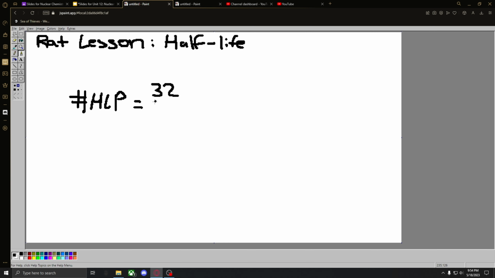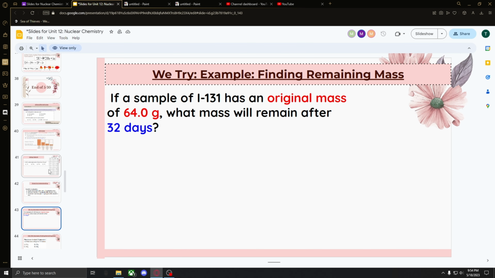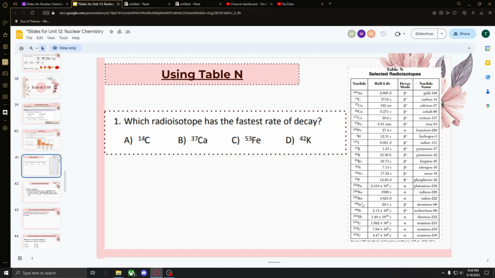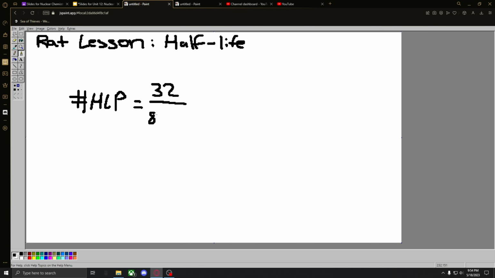So we have 32 over the half-life, which I have to go look at. I-131 right here, 8.021 days. This is our half-life.